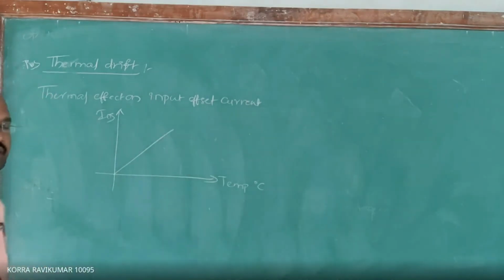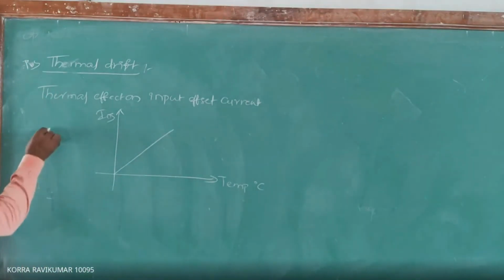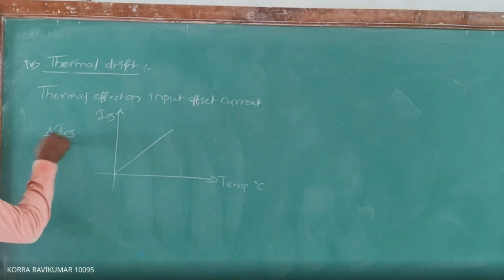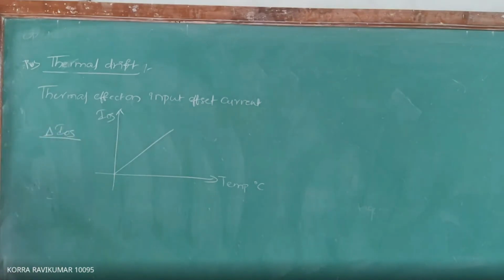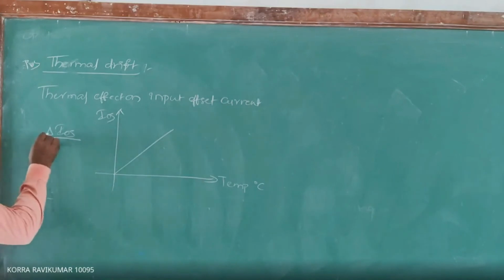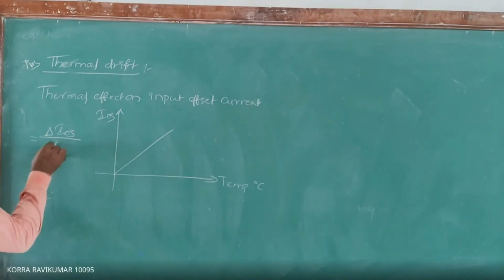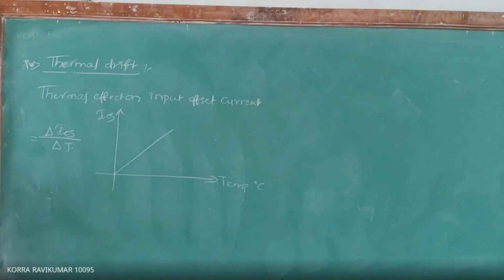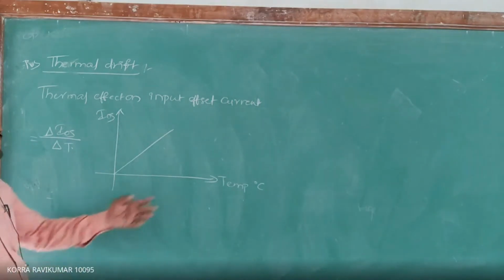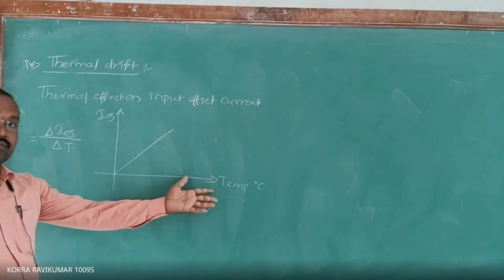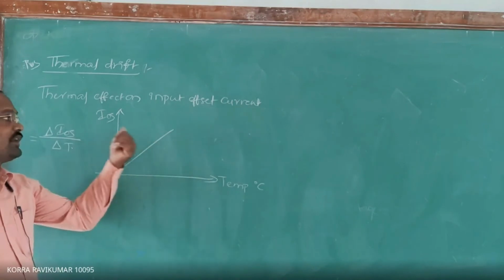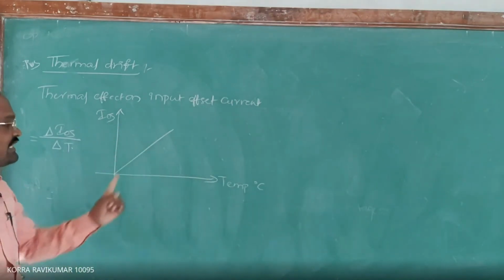If there is a variation in temperature, definitely there will be a variation in IOS, the input offset current. So I can say that the change in temperature will affect the corresponding change in IOS linearly.